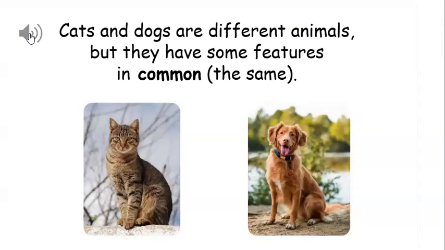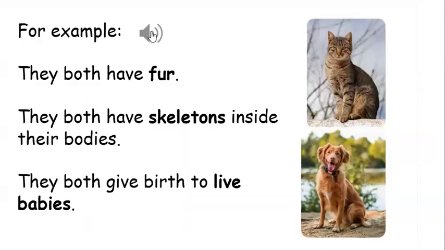Cats and dogs are different animals, but they have some features in common, the same. For example, they both have fur. They both have skeletons inside their bodies.